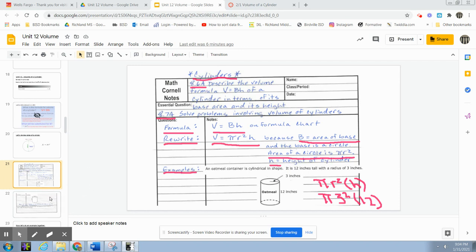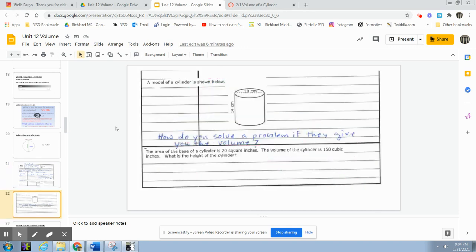Let's go down to the next part. And we have a cylinder shown here. Let's see if we can solve this one. We know all the way across is 10, but we only need half. So step one, I'm going to write my formula, pi r squared times the height. And in my calculator, I'm going to put pi. Our radius is going to equal 5 because we just need half of 10.